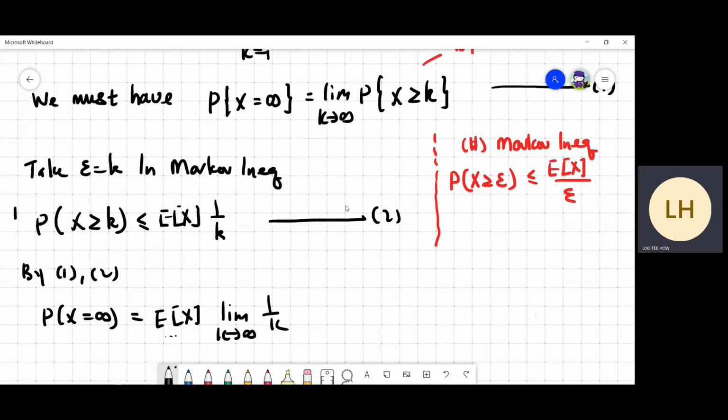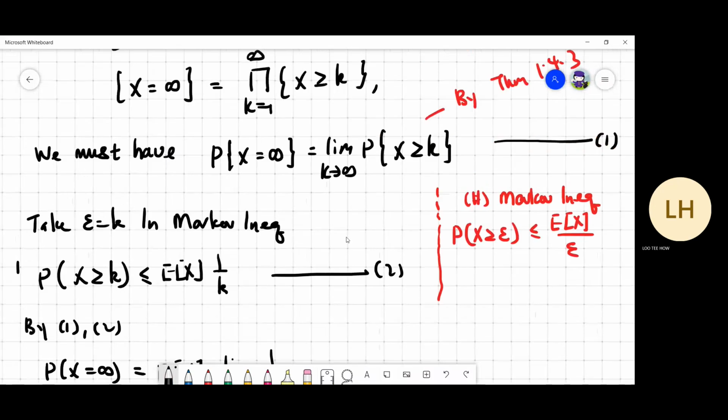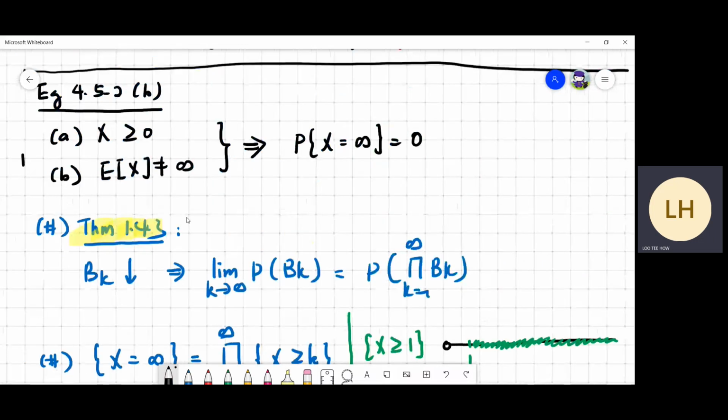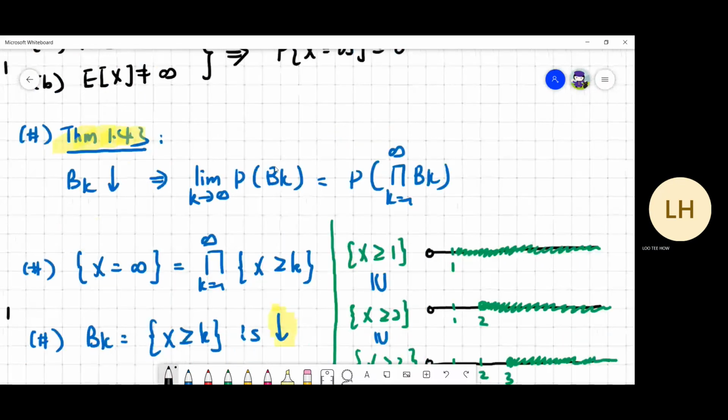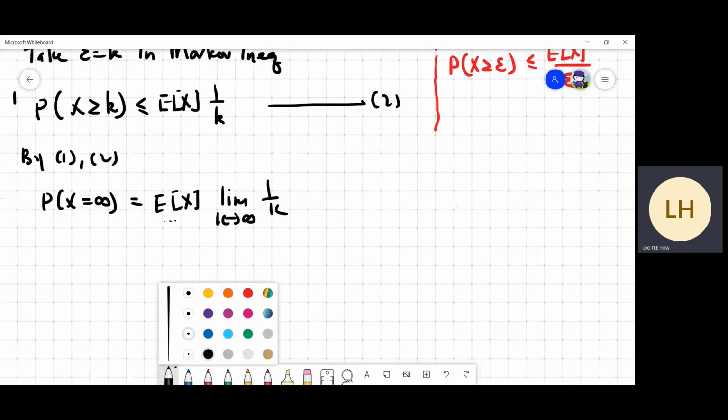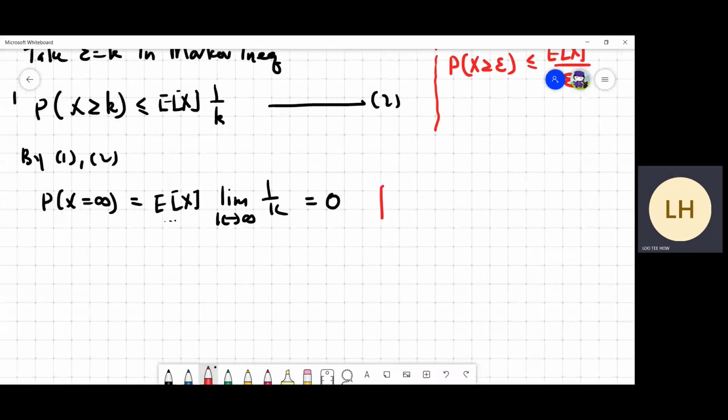Let's go back to our hypothesis. The hypothesis said that E of X is not infinity. This is very important. Because E of X is not infinity, this must be equal to 0. That's the reason why we need to impose this hypothesis that E of X is not infinity.